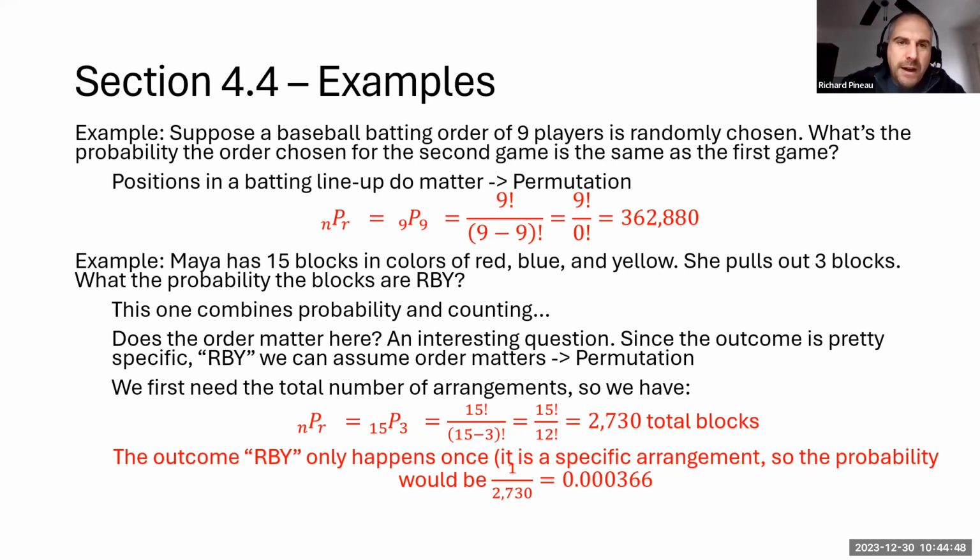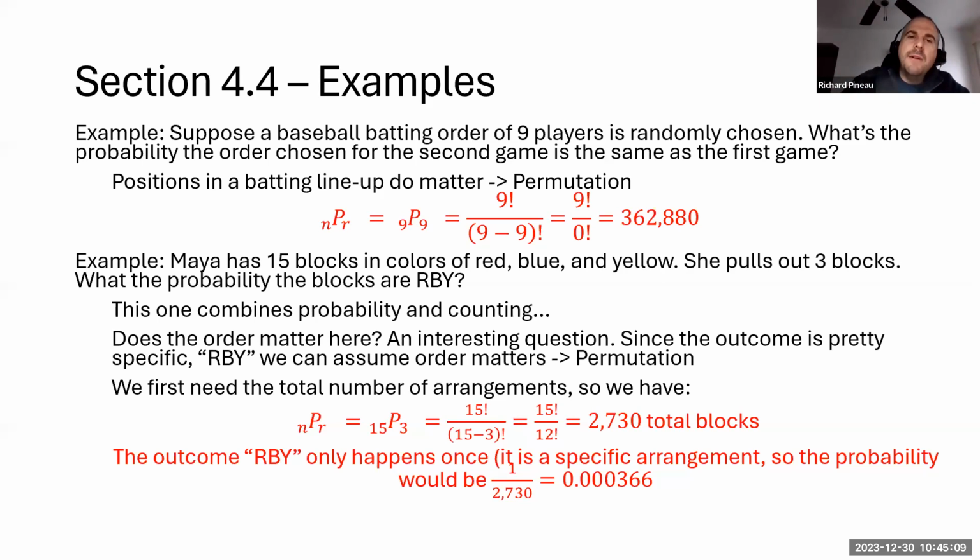Now, with the idea with Maya, if we were looking at combination, that might be a little bit different. That's going to change then potentially the probability, especially for the numerator, because in a permutation, we're counting each arrangement as one, right? So RBY is this very specific arrangement.